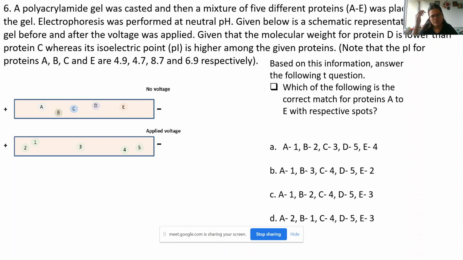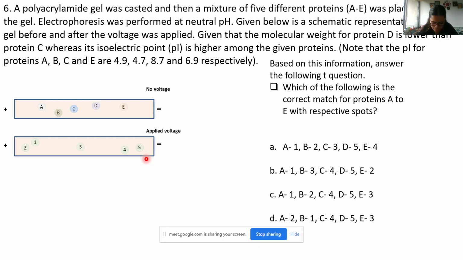But why? What does it have to do with D being 5? So you are saying that D is 5 because it has a higher isoelectric point, so it will be going towards the negative side.